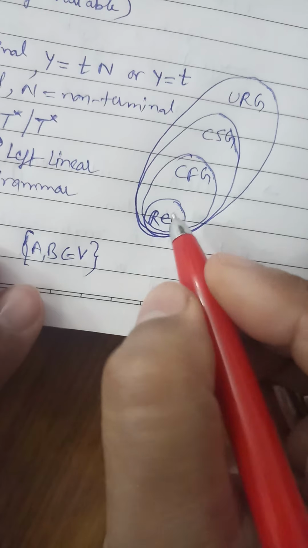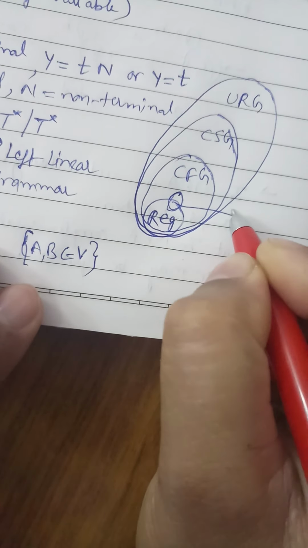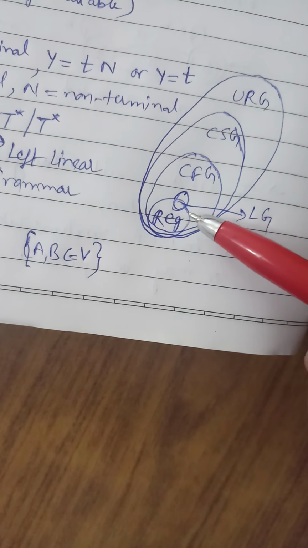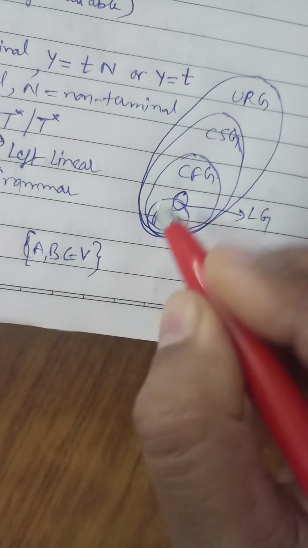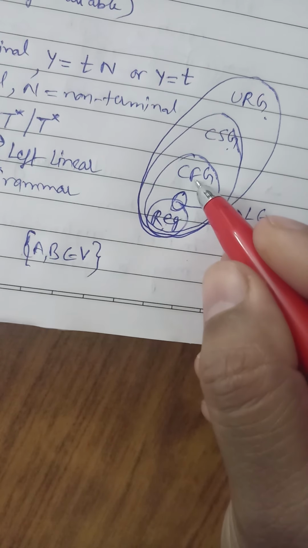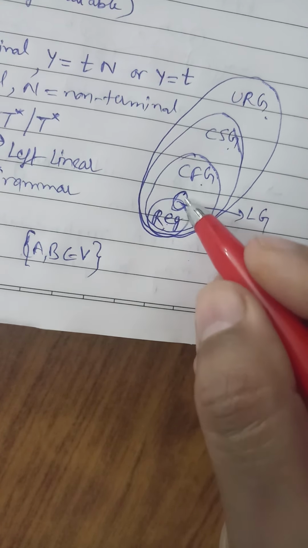Linear grammar comes between CFG and regular grammar. As we know, type 3, type 2, type 1, type 0 grammar. So in between type 3 and type 2, linear grammar will come.